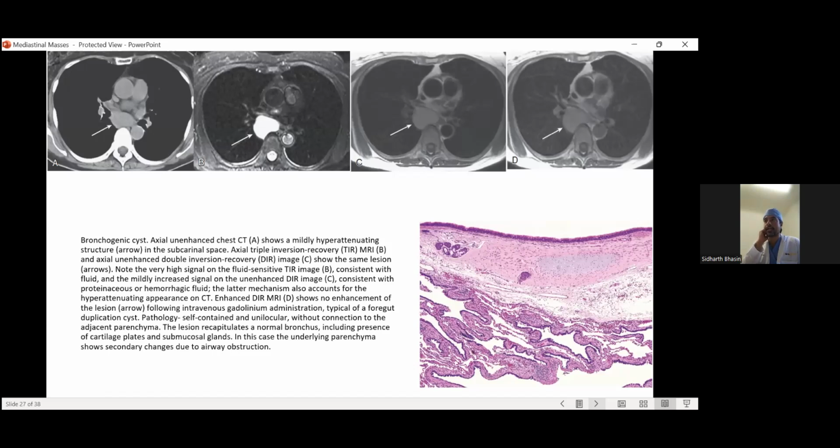Note that there is very high signal on the fluid-sensitive DIR image, which is consistent with fluid, and that's what tells you it's a bronchogenic cyst. You can see normal bronchus in the lesion, including the presence of cartilage plates and submucosal glands. In this particular case, the parenchyma showed secondary changes due to airway obstruction, but typically, if it's not obstructing and not giving you any pressure symptoms, then you just need to watch it.